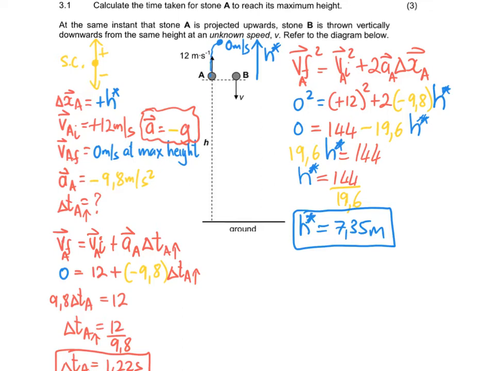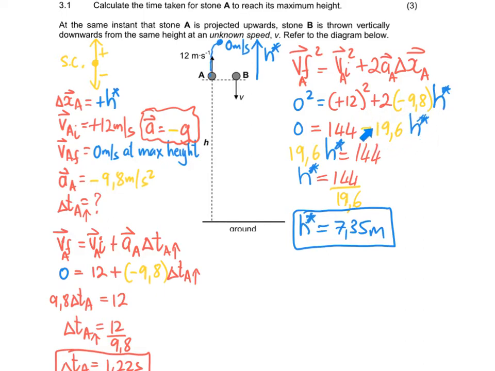So to find H star, using V final squared equals V initial squared plus 2A delta X. V final on this upward motion is 0. V initial is plus 12 squared plus 2 times A, which is minus 9.8 meters per second squared, times H star. 2 times minus 9.8 gives us minus 19.6 H star.